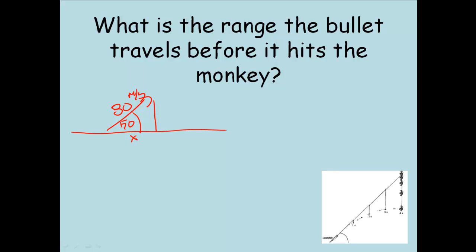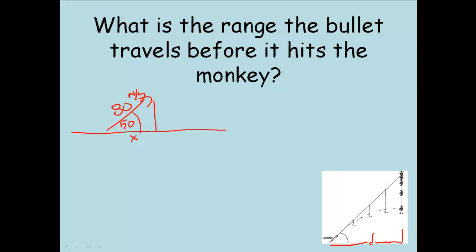Could we solve for this side of our triangle? If we do, we would have the velocity of that horizontal distance, right? The velocity that bullet would move horizontally, so we could figure out how far it went. Well, let's take a look.